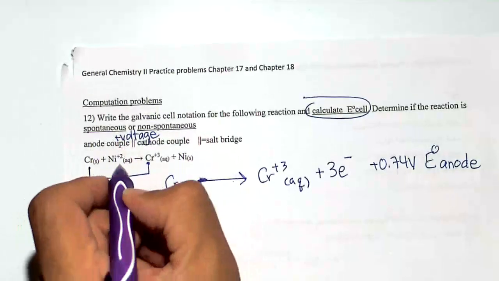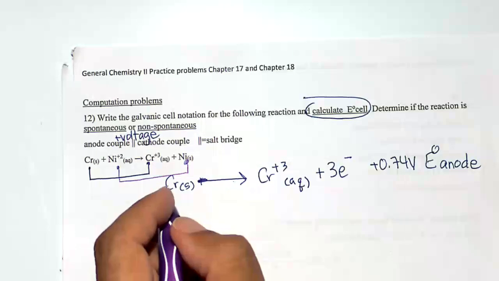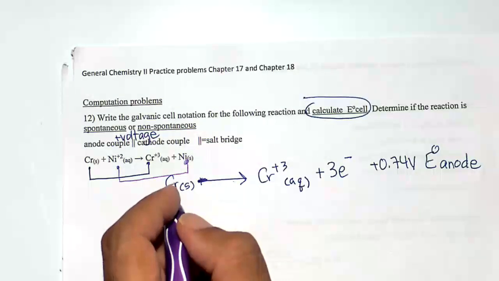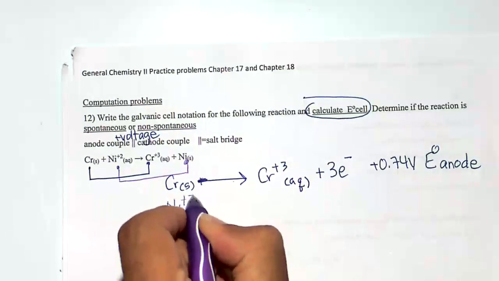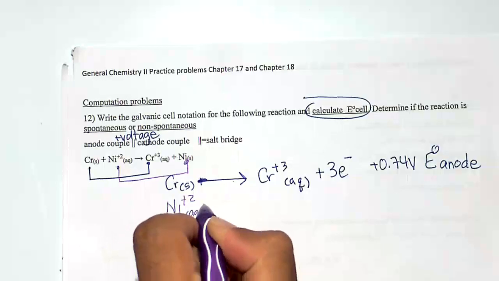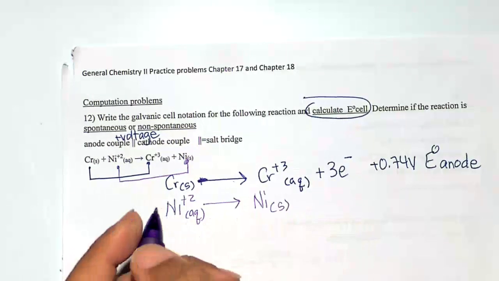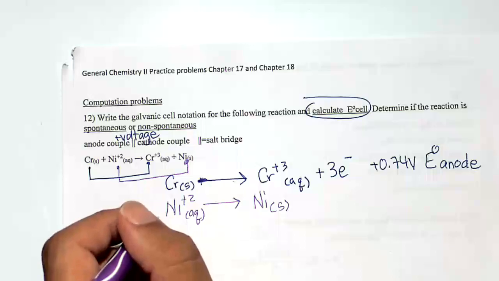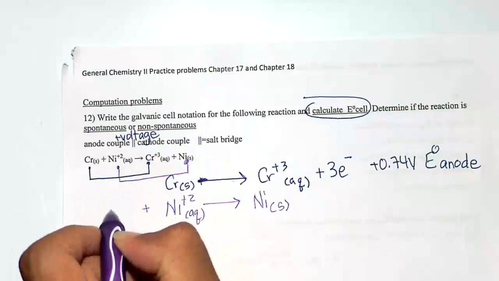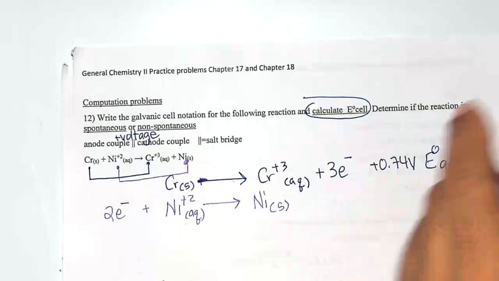All right, let's do this in purple here. We have nickel plus 2 goes to nickel solid. And then how many electrons and where? Do you guys agree this is 2 electrons on the reactant side?